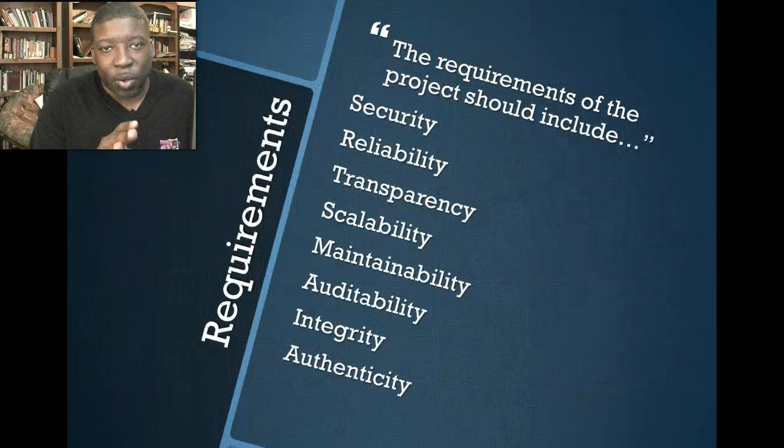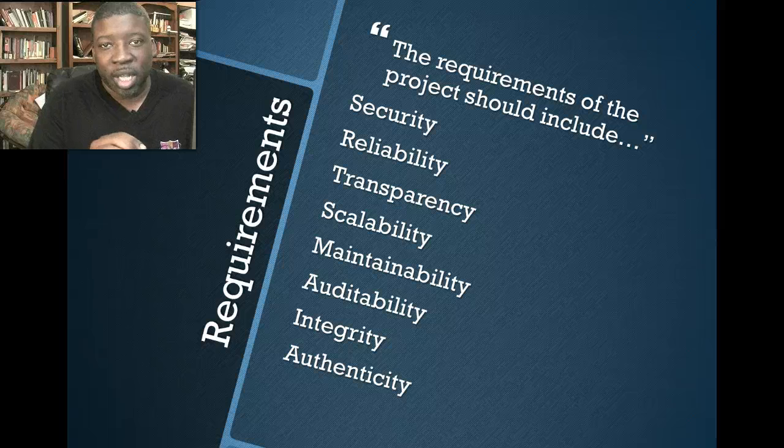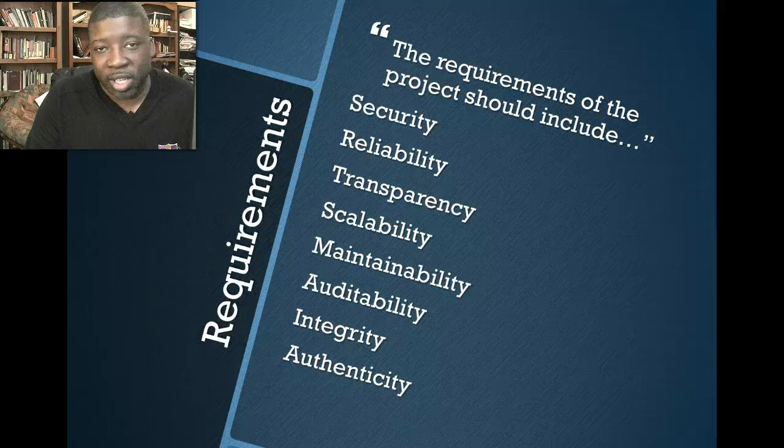Basic. So look at these things on the screen, and if your solution does not use these eight things, then your solution is doomed to fail in the future. Now, it may work now, and maybe that's all you want, is a cheap solution that can do three or four of these things.